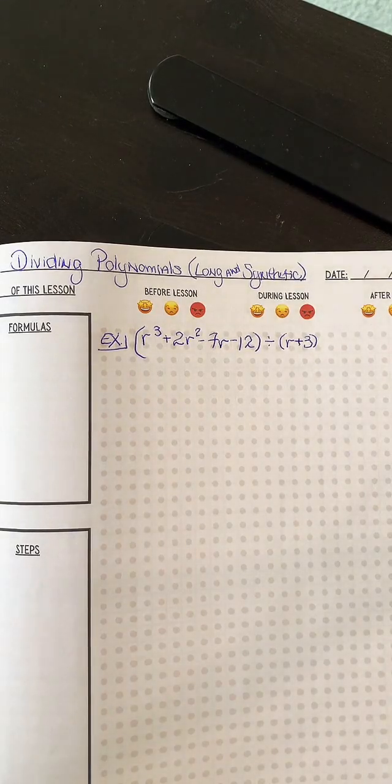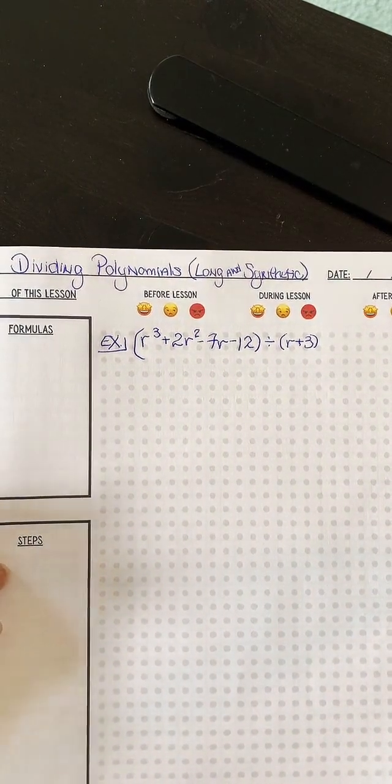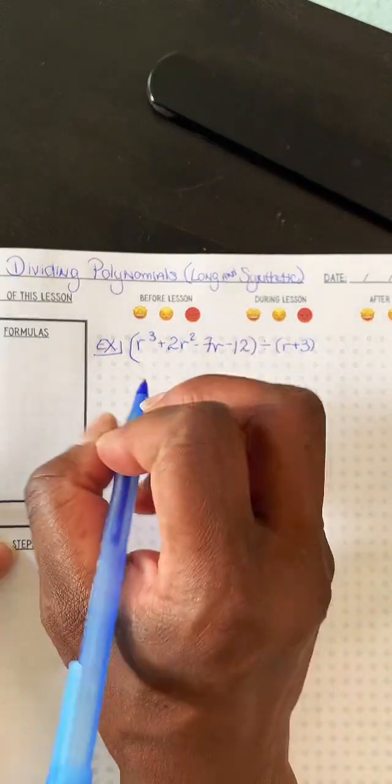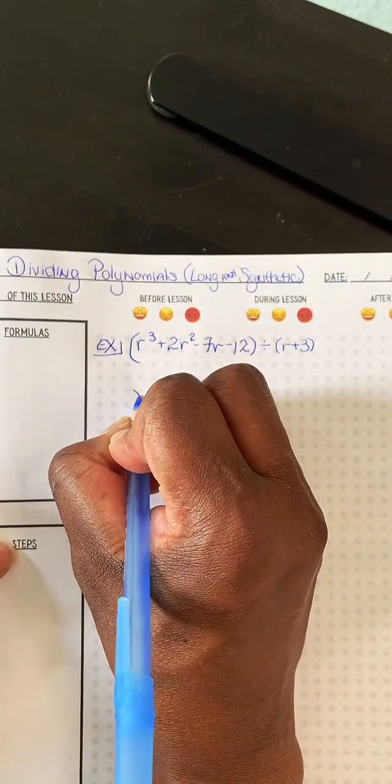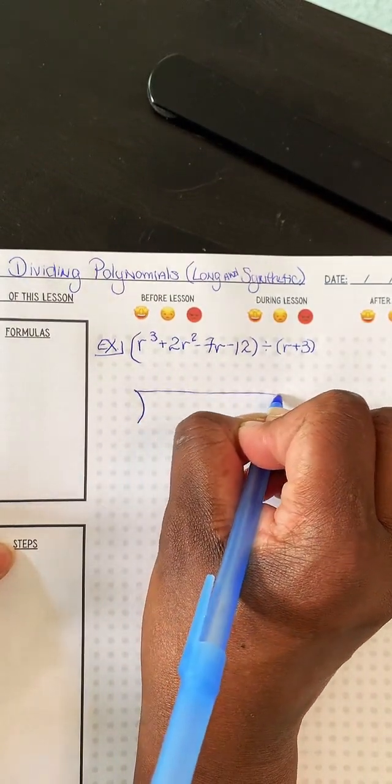All right, so we are dividing polynomials. Many moons ago, in a land far, far away, we used to do division with a division sign, remember that, with a fraction bar?